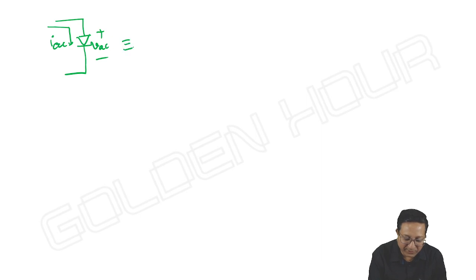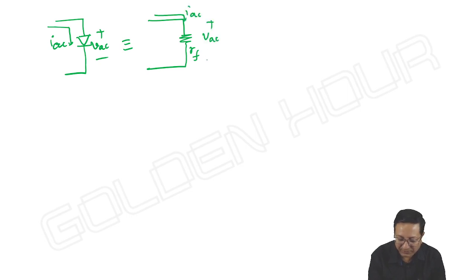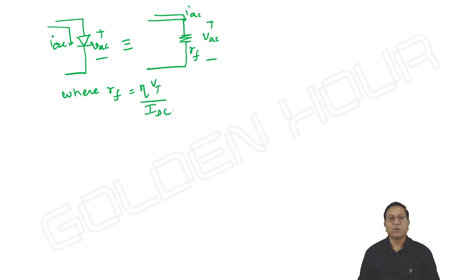Then its equivalent is written like a resistance RF, of course with the same IAC and VAC, where RF is equal to eta Vt by IDC, known as the dynamic resistance of the diode.